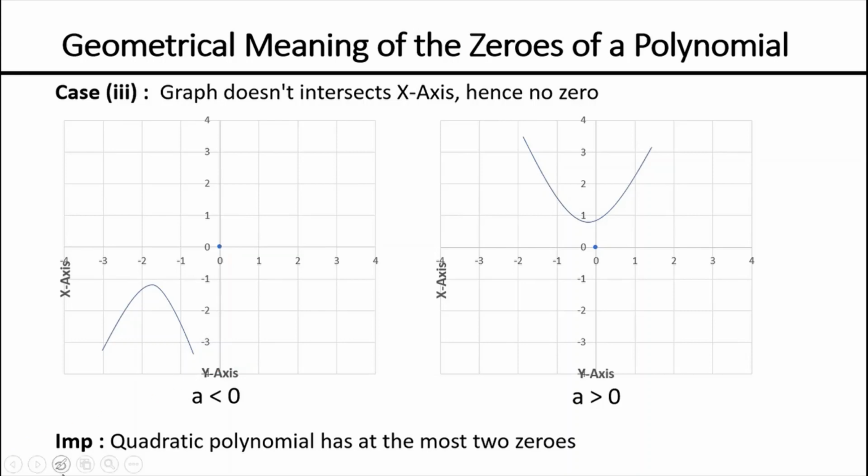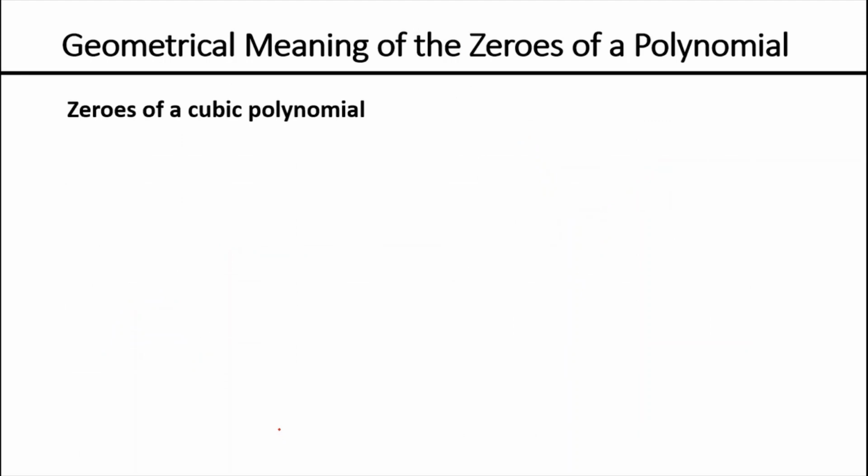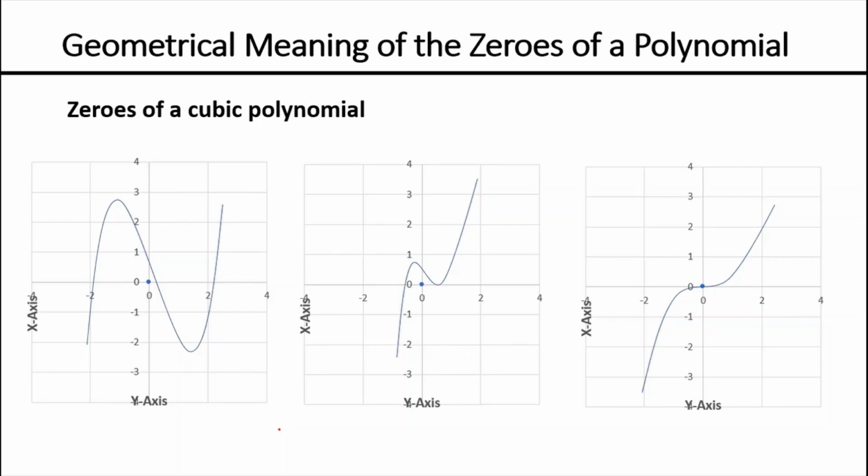Again, I would like to reiterate that a quadratic polynomial has at max two zeros. It will have either two zeros, 1 zero, or no zero. Now coming on to zeros of a cubic polynomial.